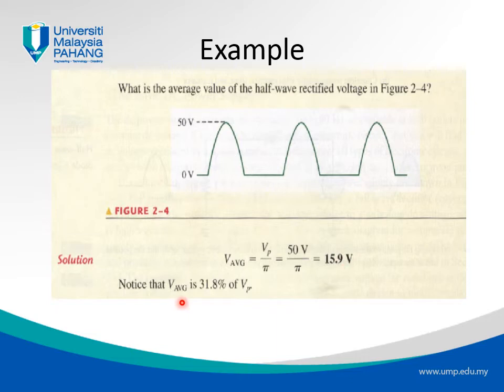You notice that when we compare to the maximum voltage, the average voltage that can be seen from the point of view of the load is 31.8% of the maximum voltage given at the input. In terms of DC, the average after rectifying is 31.8%.